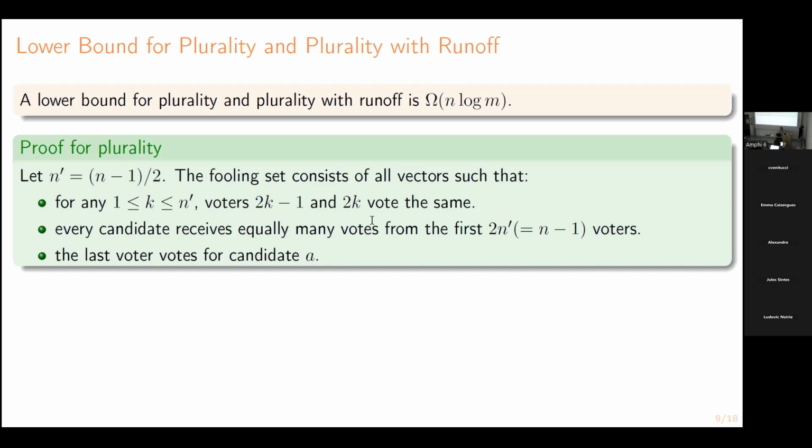You have, in fact, a condition on n and m: n must be odd and m must divide n, or the contrary. Anyway, this ensures that these fooling sets exist for infinitely many n and m.